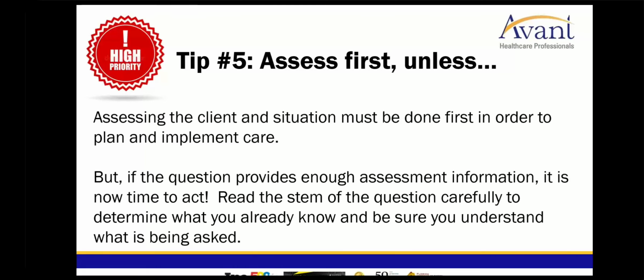However, if the question does not include an assessment, then the information you're looking for in the answer choices would be an assessment answer. An assessment answer would be things like check vital signs or check lab work or review. These are some key words that would include doing an assessment: identify, look up lab work. Those are all parts of an assessment.